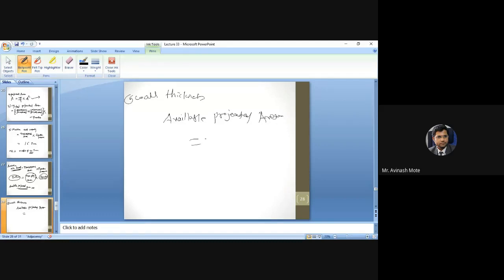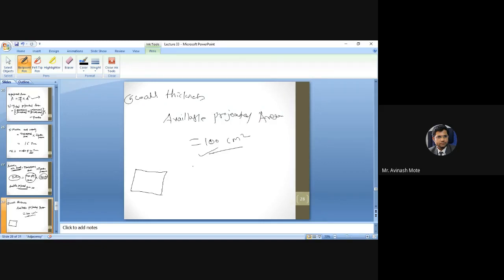Suppose you get the available projected area as 100 centimeter square, and consider that your mold is of square type. Now some assumptions you will have to make. Obviously it will not be triangular, it might be rectangular or square. Better to go for the square size. So you have a square mold, and you know the total projected area of the mold, not of the component.